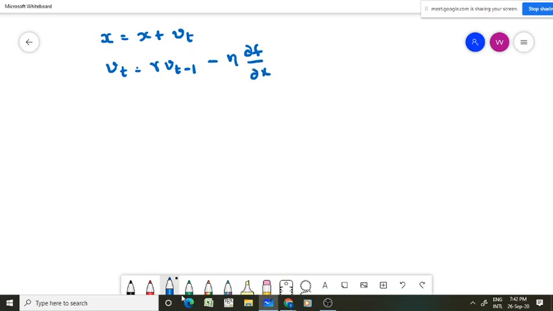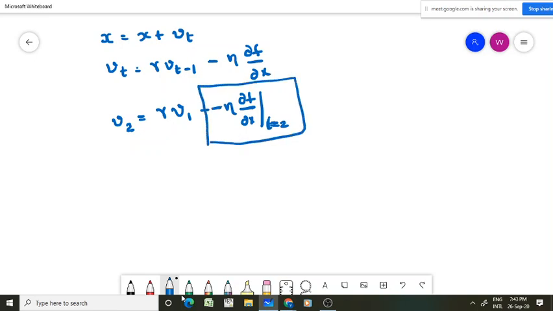So if you want to calculate the velocity in the second iteration, then the velocity in the second iteration depends upon gamma into V1 minus eta into dou f by dou x at iteration t equals 2. So this is the gradient in the second iteration, and this is the velocity in the first iteration.